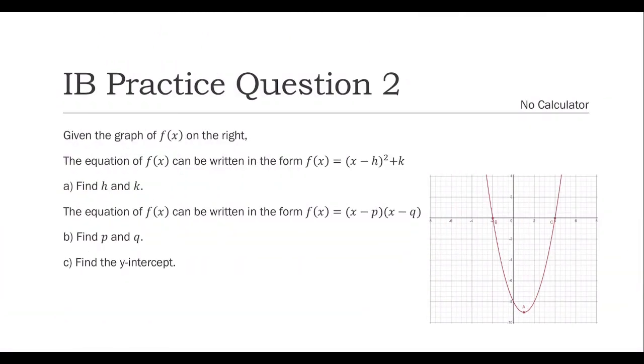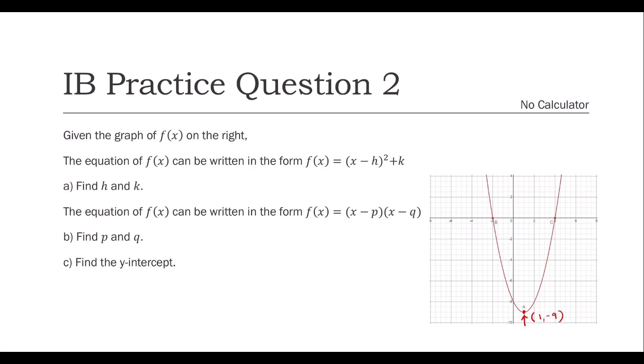So here we have our second IB practice question. It says, given the graph of f of x on the right, the equation of f of x can be written in the form of f of x equals x minus h squared plus k. Find h and k. So to do that, we need to figure out where the vertex is. So our vertex is here at point A, which is at 1, -9.